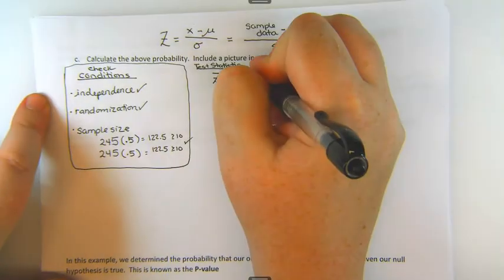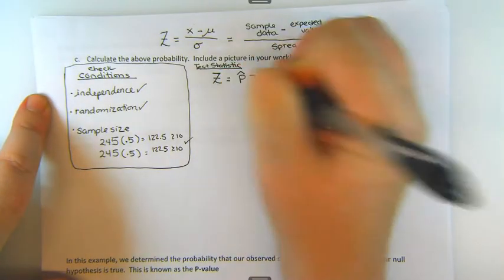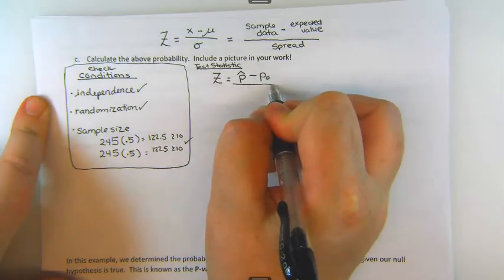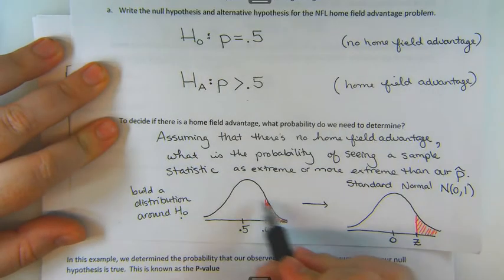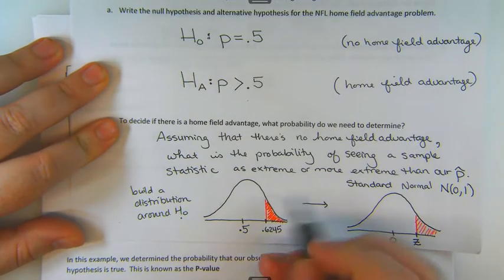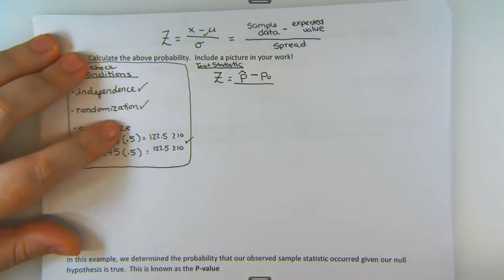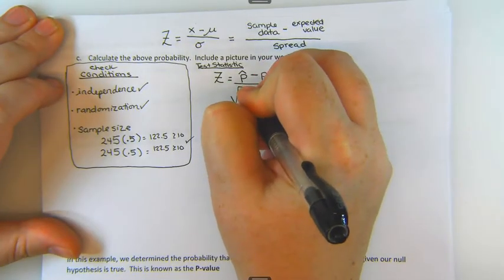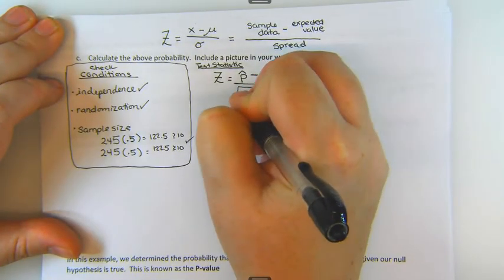So we want to see how far away we are from that hypothesized proportion, and then divide that by the spread of the curve. Again, this links to our sampling distribution of proportions, where the standard deviation for those curves is the square root of p times q over n.